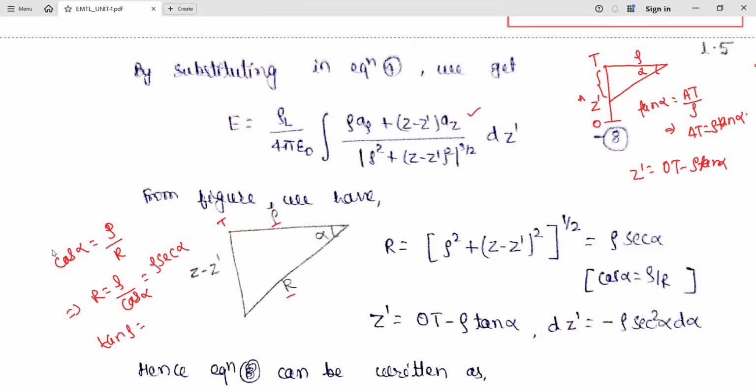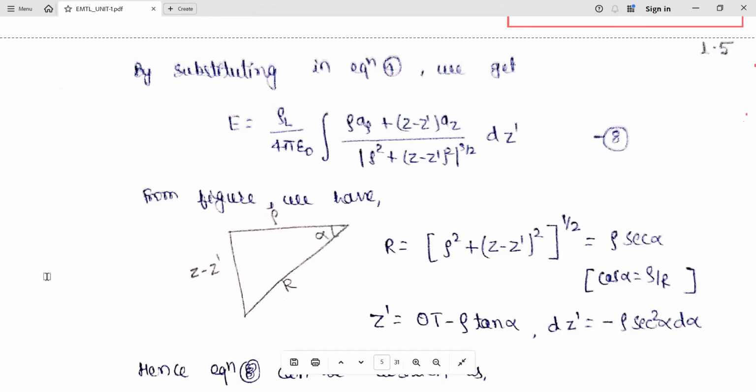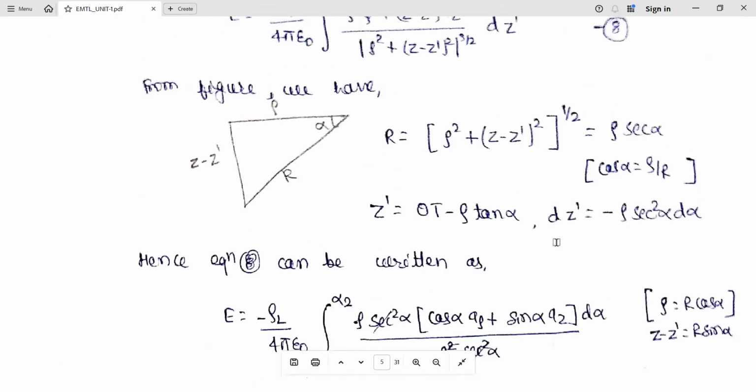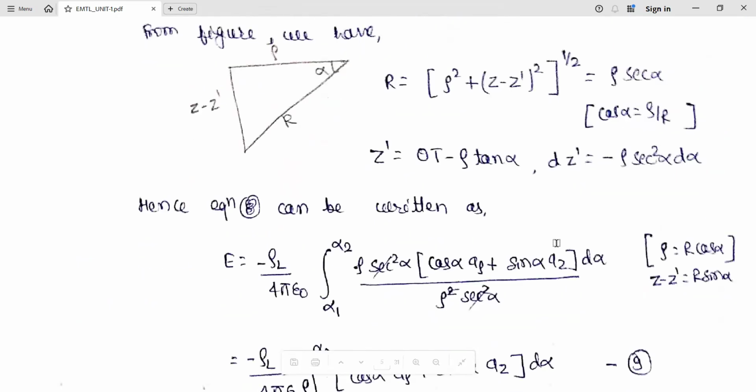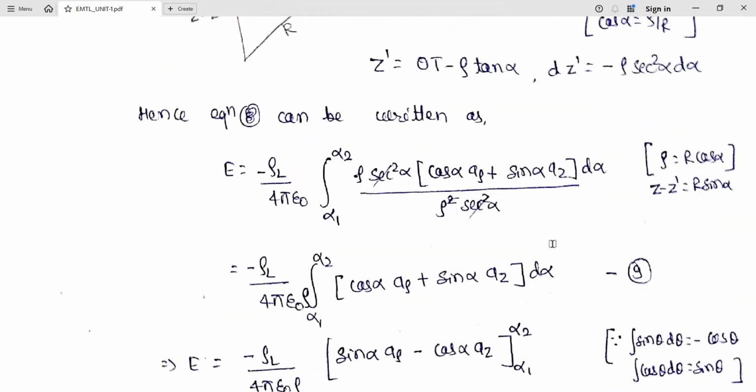Now, in continuity of this, these are the values. So finally, what do we have to find now? Here we have the differential dz dash. So now we have to differentiate z dash with respect to d alpha. Already we have z dash here, so we differentiate dz dash with respect to d alpha.